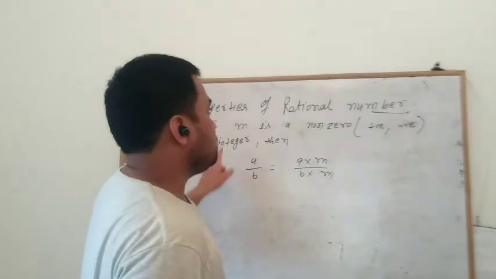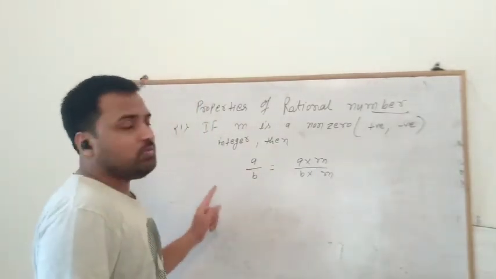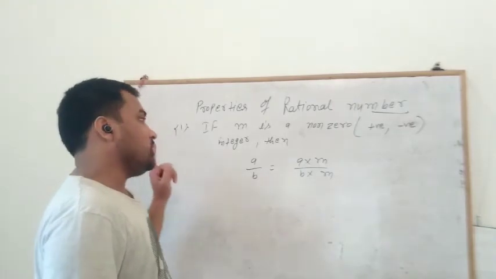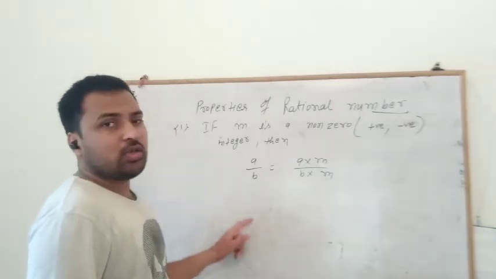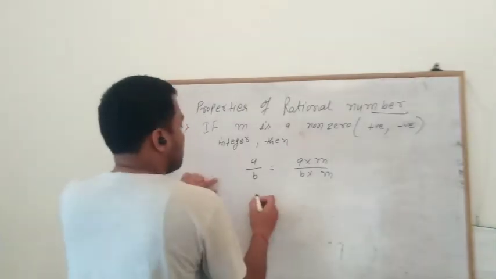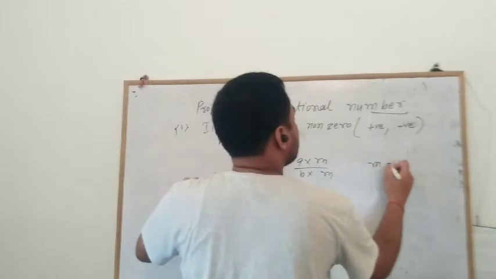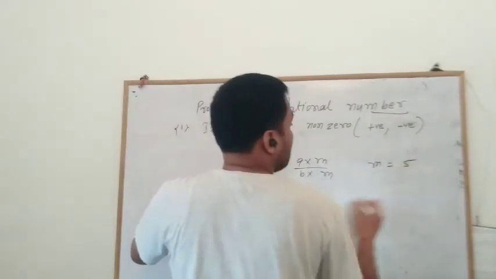These properties will help you to get a rational number into standard form. So here we can write 5 by 3. Let's consider that m is an integer, which is 5.